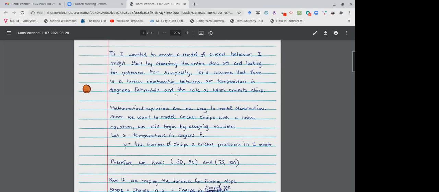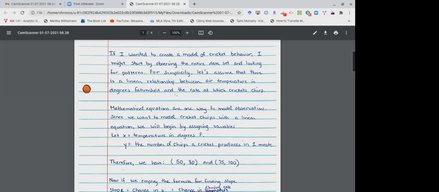Since we want to model cricket chirps with a linear equation, we'll begin by assigning the variables where X is the temperature in degrees Fahrenheit, and Y is the number of chirps a cricket produces in 1 minute, let's say. So based on the information that I gave you in the problem earlier, when X is 50, Y is 80, and when X is 75, Y is 100.